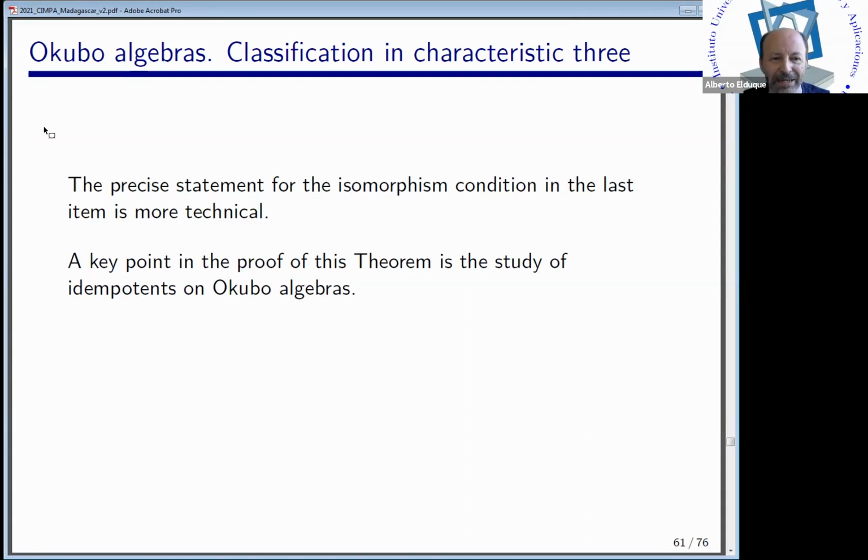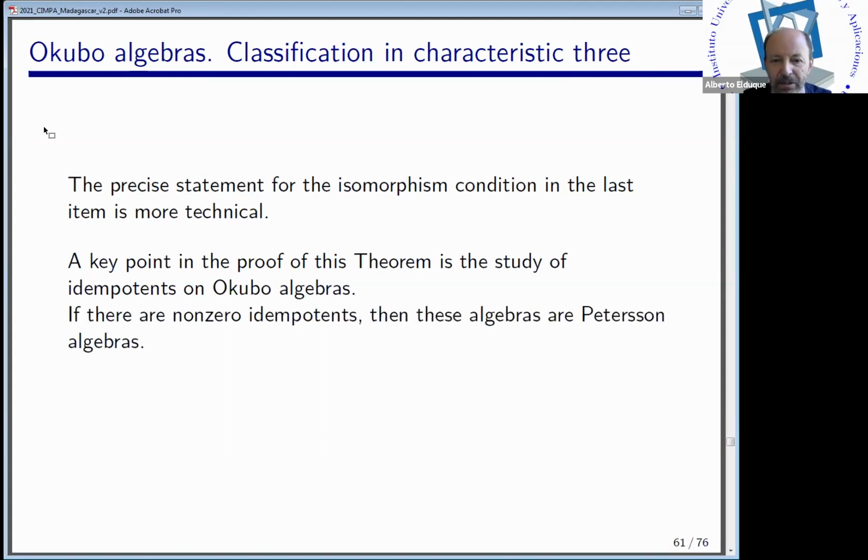Well, here, idempotents are also very important. As soon as an Okubo algebra contains an idempotent, what we get is a Petersson algebra. So starting from this idempotent, we can move to a Hurwitz algebra together with an automorphism of order 3, and then we can classify automorphisms of order 3 and get the result.